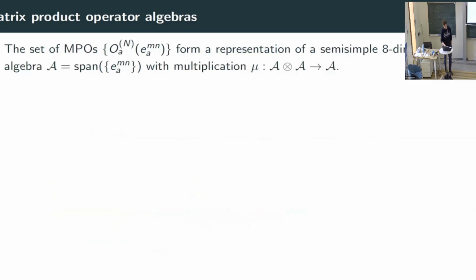Now, what this extra structure is will become evident. So what I've said before is that this set of 8 symmetry operators forms a representation of an 8-dimensional semi-simple algebra, where I'm finding the elements of this algebra basically by choosing these boundary conditions. And then this O_A acting on this is the representation of that particular boundary condition with some multiplication mu.